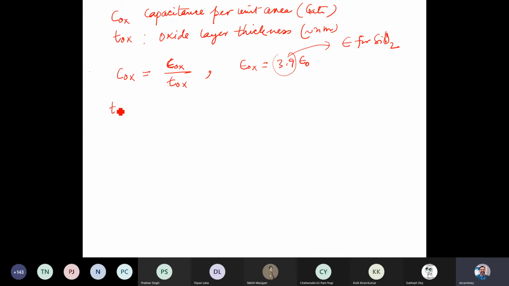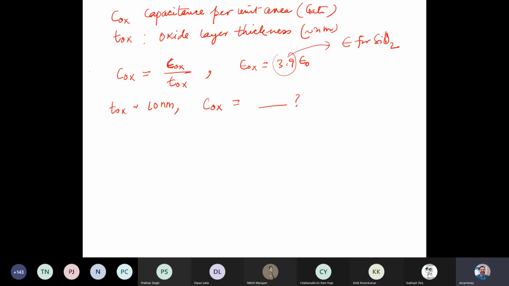For example, if the oxide layer thickness is 10 nanometer, we can obtain the capacitance per unit gate area: 3.9 multiplied by 8.85 times 10 to the minus 11 farad per meter, divided by the thickness. So you can find out the value.